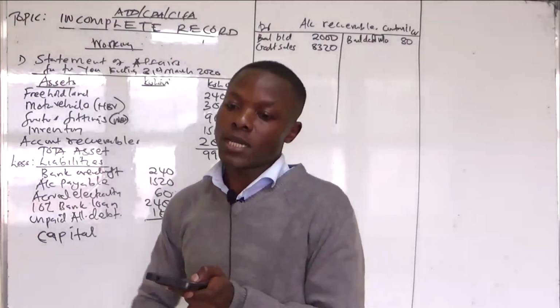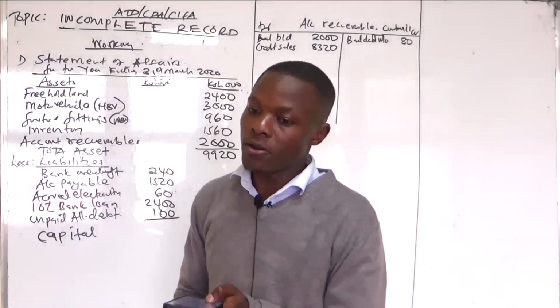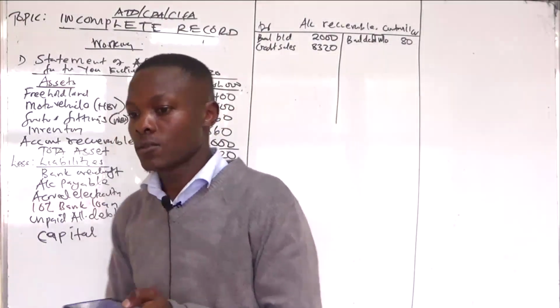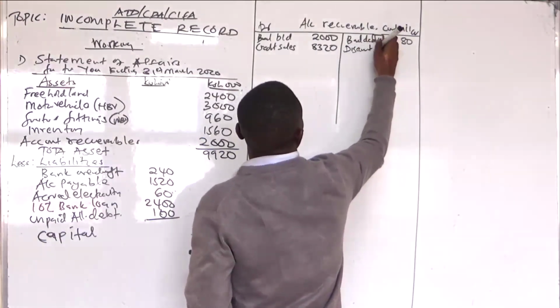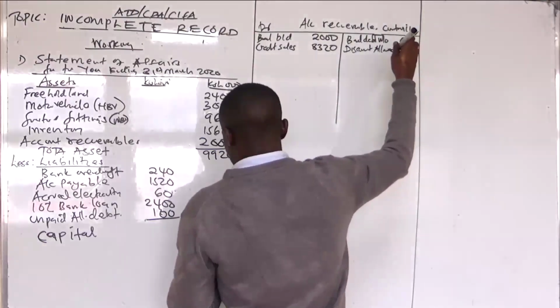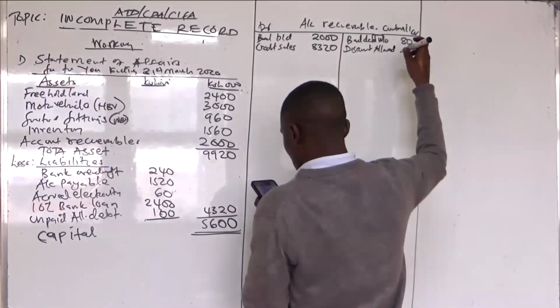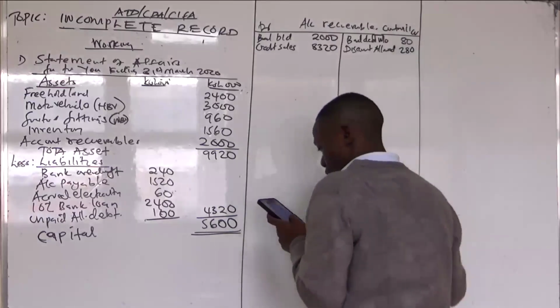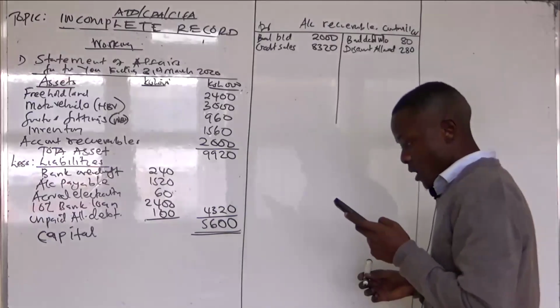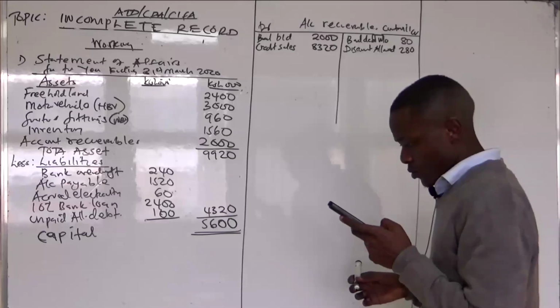Which one do we maintain in accounts receivable? Allowed or received? Allowed. Discount allowed. Good. How much is the discount allowed? 200 and? Another one. We continue.